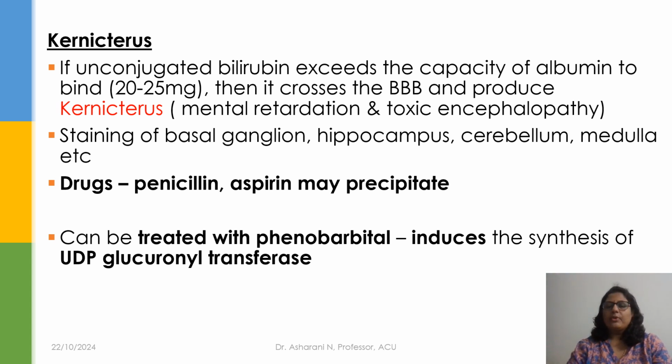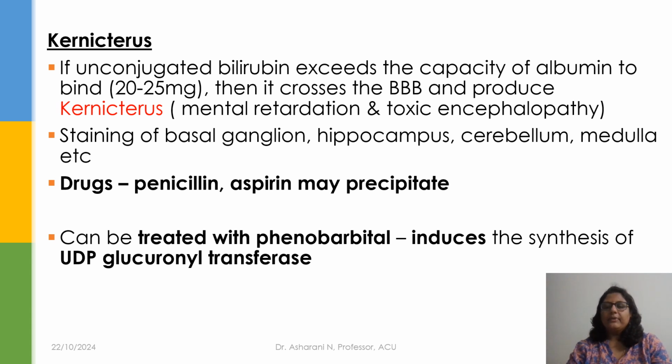Sometimes the bilirubin can be normal, but drugs like penicillin and aspirin may precipitate this, where they dislodge the high affinity sites of albumin. We have already learned that albumin has two affinity sites for binding of unconjugated bilirubin.